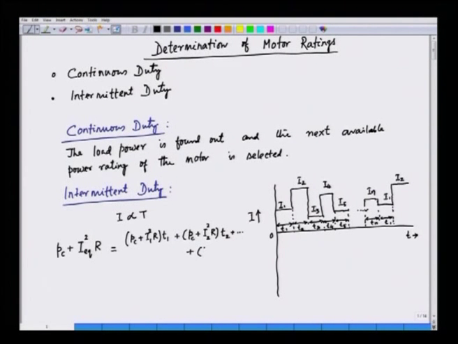For the nth interval we have the same core loss and the copper loss In square R into Tn. Now, this has to be divided by the effective time, which is T1 plus T2 up to Tn.